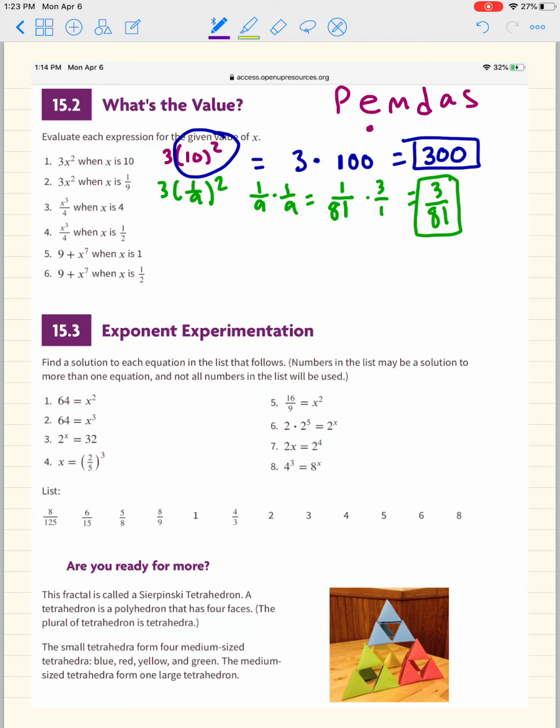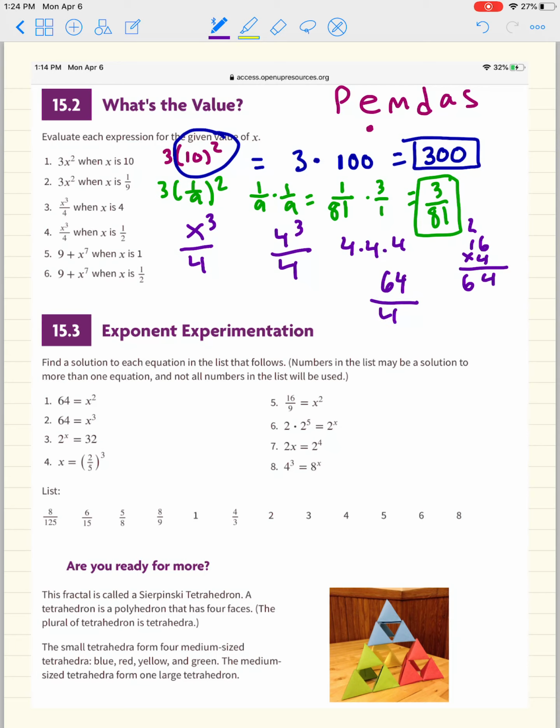X to the third over 4 when x is 4. So we have x to the third over 4, which is 4 to the third over 4. Okay, so again, we're going to do our exponents first. 4 cubed, which is 4 times 4 times 4, or 16 times 4, which is 64, over 4.